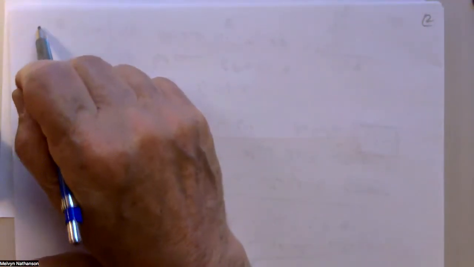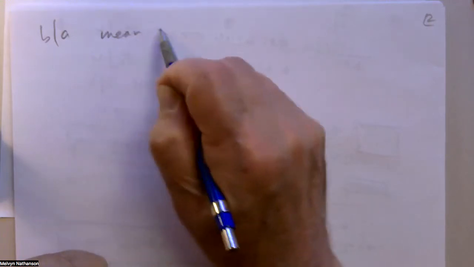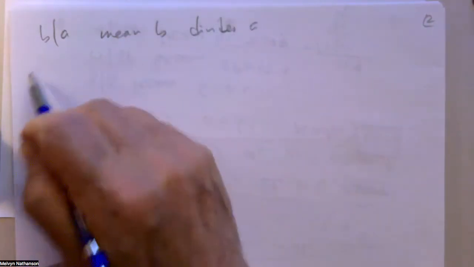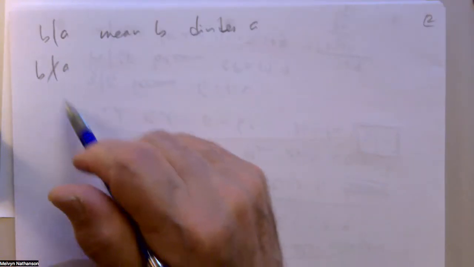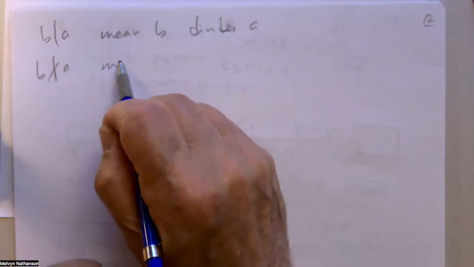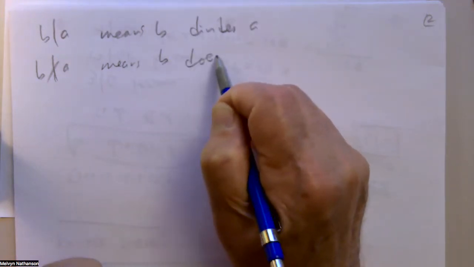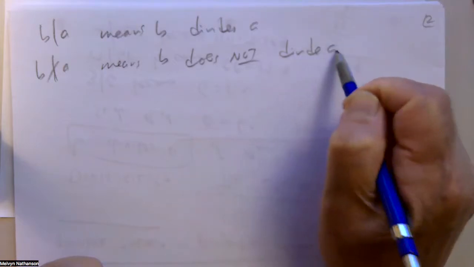So this notation is used all of the time in number theory. And so this means b divides a. And if we write this with a slash through the vertical line, this means b does not divide a.